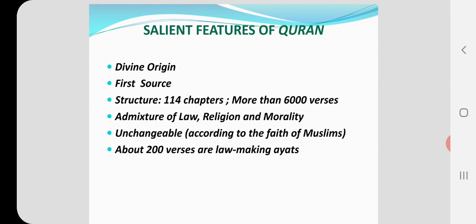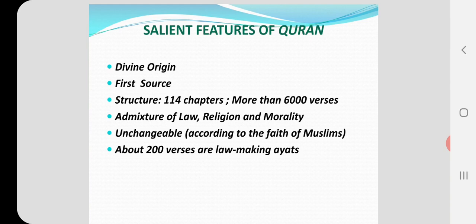The next feature is that, according to the faith of Muslims, this book is unchangeable, because they believe that this is the book of God. No human being has written it, therefore no human being can change it. So from their point of view, it is unchangeable.